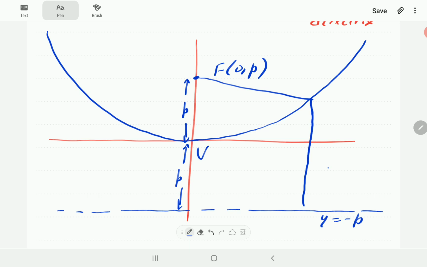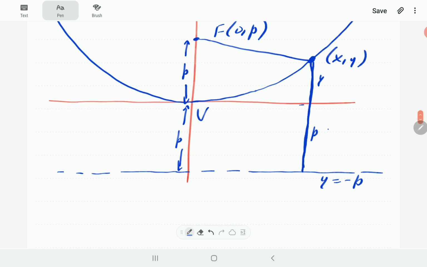Let's take this to be any point (x, y) on the parabola. Since this is a vertical line, the distance from the point to the directrix is simply y plus p.